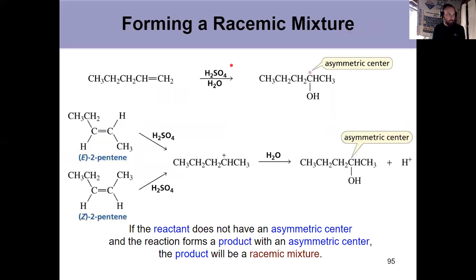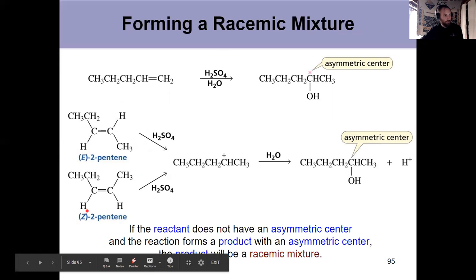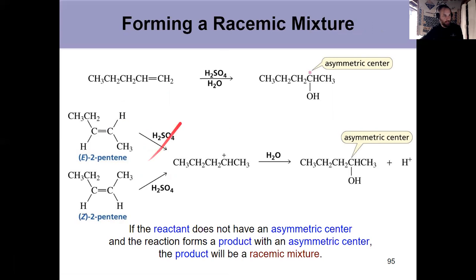We would see the same thing if I had E and Z isomers to begin with. E or Z, it doesn't matter. When I go through, in this case, the acid catalyzed addition of water, I went from 0 asymmetric centers to 1 asymmetric center.